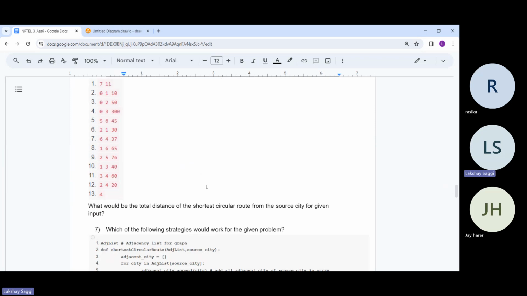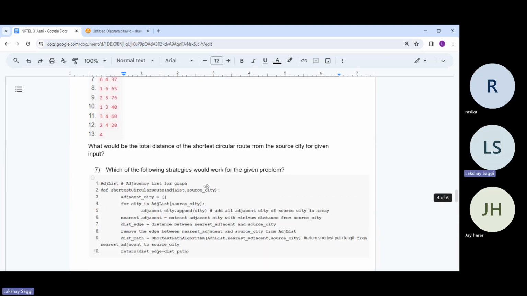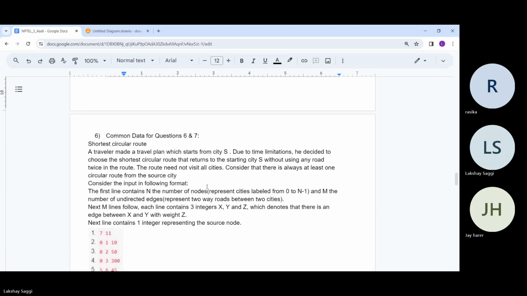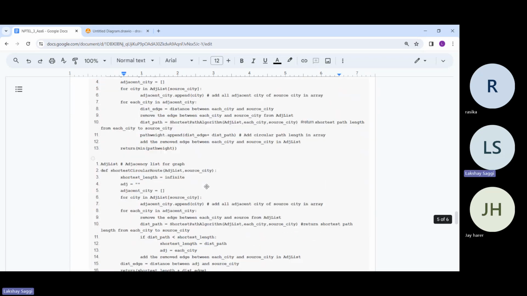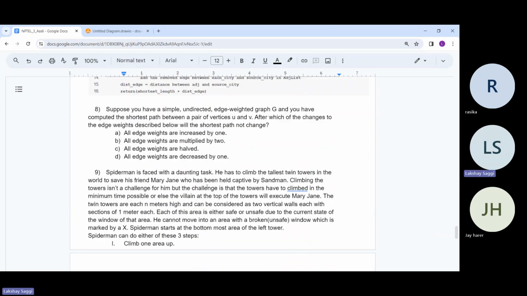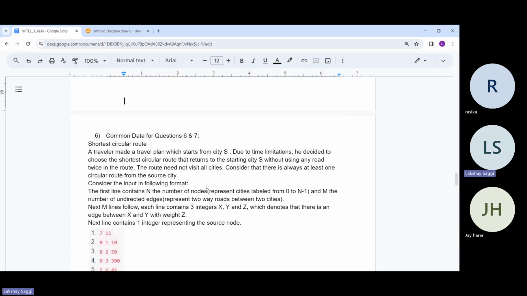Then maybe we can move on to the sixth question. Okay, so maybe we should not be discussing the sixth and seventh questions because I don't think they're too tricky, but they will just take a bit more time.